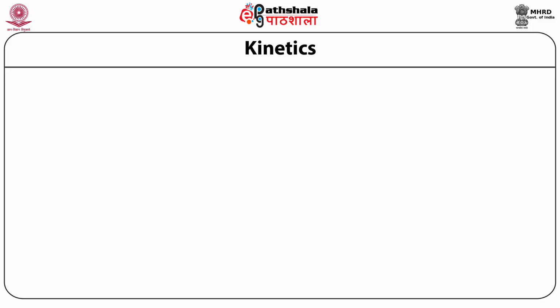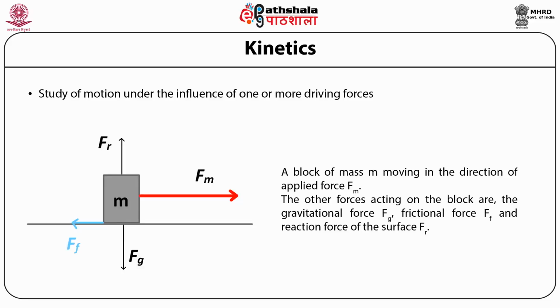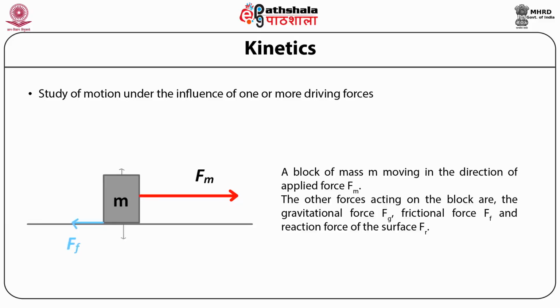Here in this slide, we would like to study the motion of an object having mass m, which is under the influence of four forces here. The first force acting on the body is the weight of the body itself, which is Fg. The second force on the body is the normal force due to the ground.